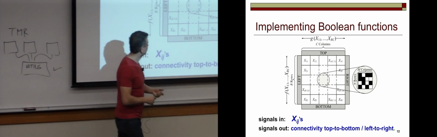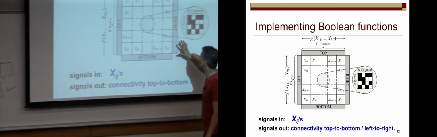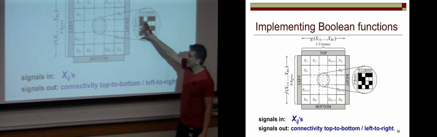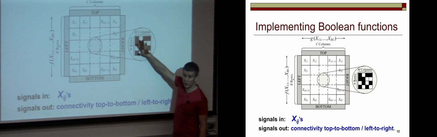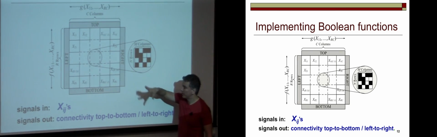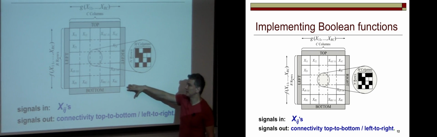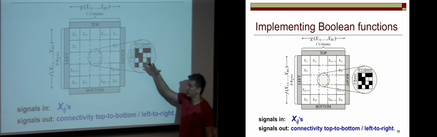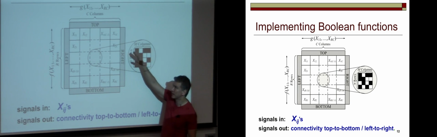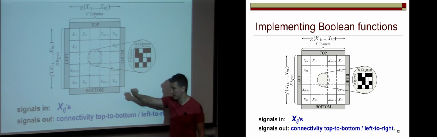So as I've tried to draw here, for each switch, we're going to replace that switch with a bunch of smaller switches for redundancy. But the premise is going to be the same as in last lecture. We're going to seek to implement a function that computes 1 or 0, depending upon whether there's a connection between top and bottom.